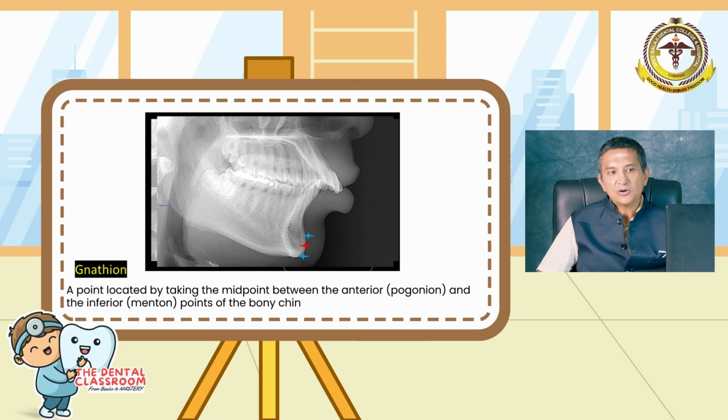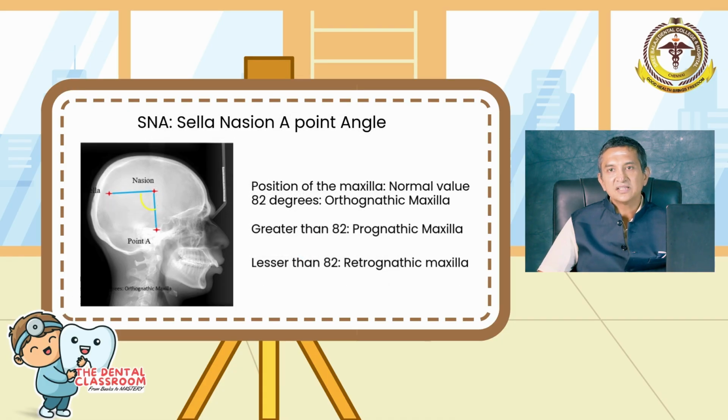Pogonion is the most anterior point, menton is the most inferior point, and gnathion is the midpoint between the pogonion and the menton. So these 3 points refer to the chin.